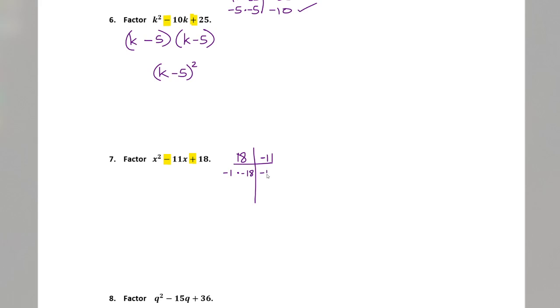Add those together, you get negative 19. You have negative 2 times negative 9. Add those together, and you get negative 11. So we got our factors. Write them. So we got x minus 2 or x minus 9 first, and then x minus whichever one you didn't write yet. And here's our answer.